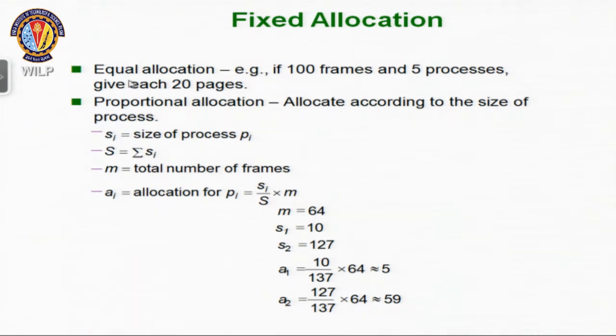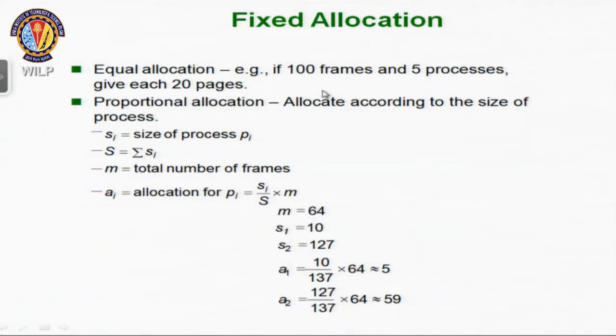In a fixed allocation scheme, one thing could be that every process is treated equally and given an equal number of frames. So if we have 100 frames and there are 5 processes, then each process could be given 20 pages.